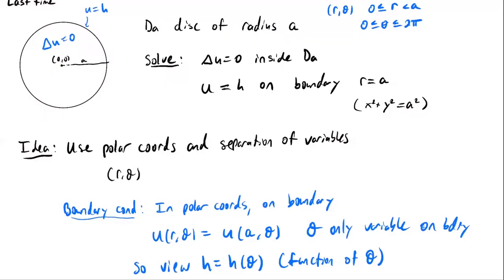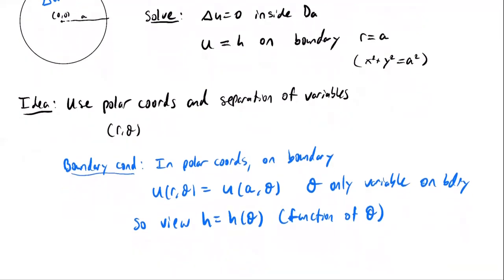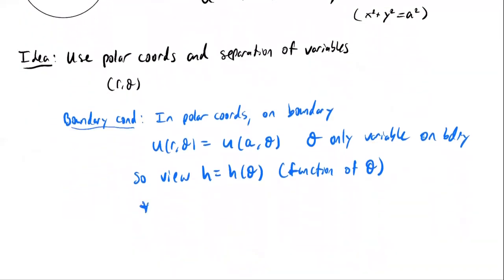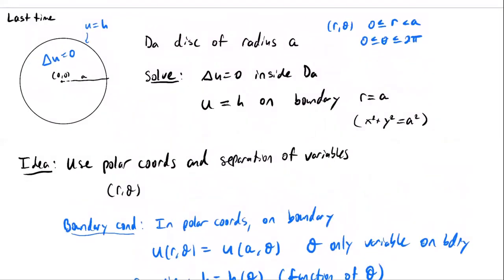Otherwise, you're going to run into issues. So we need to require, for example, h of 0 to be equal to h of 2 pi. And more generally, if we look at some particular point theta, over here, this is theta plus pi.